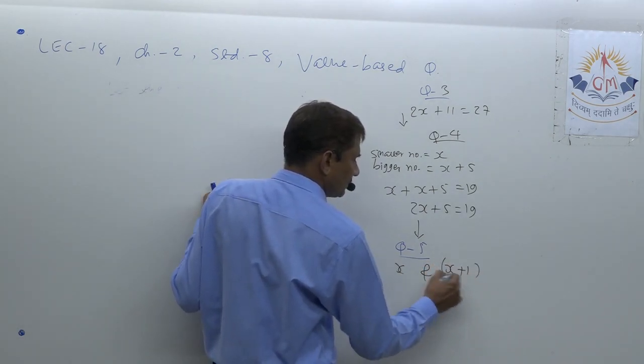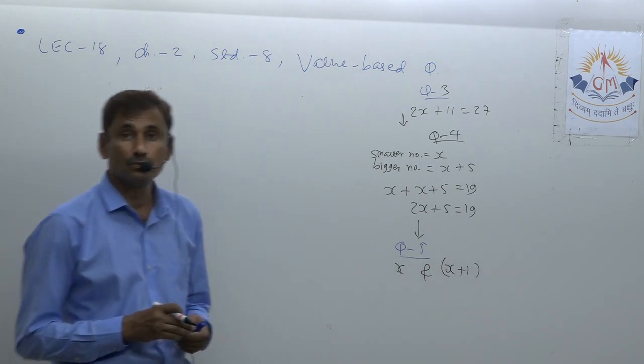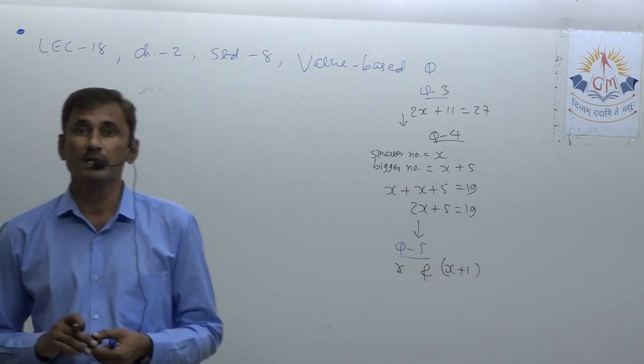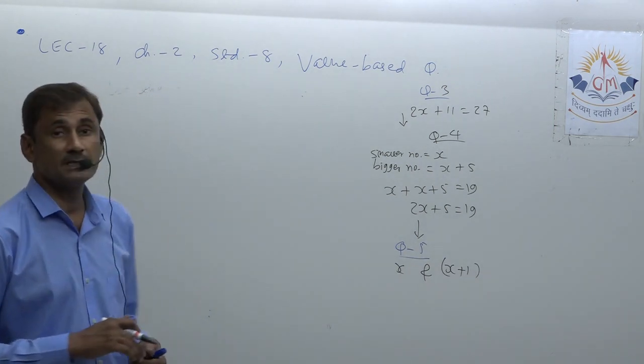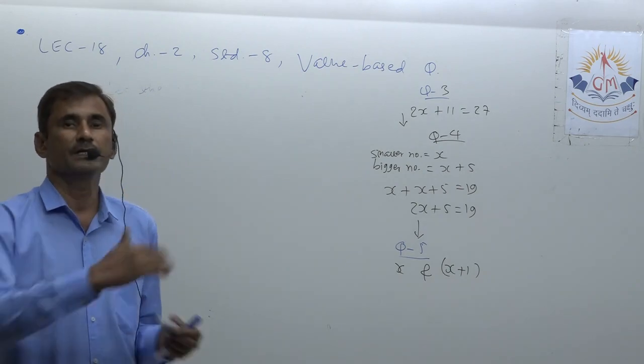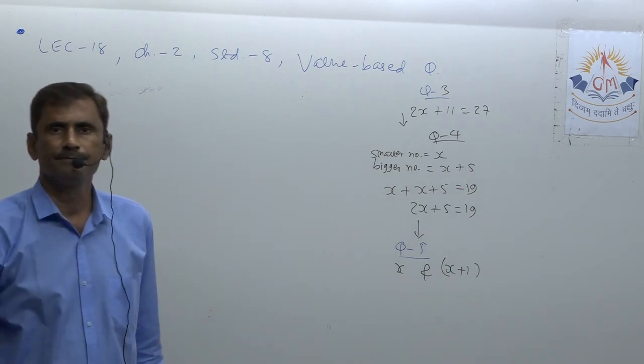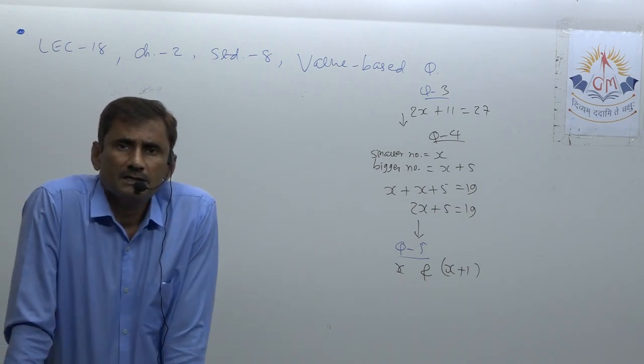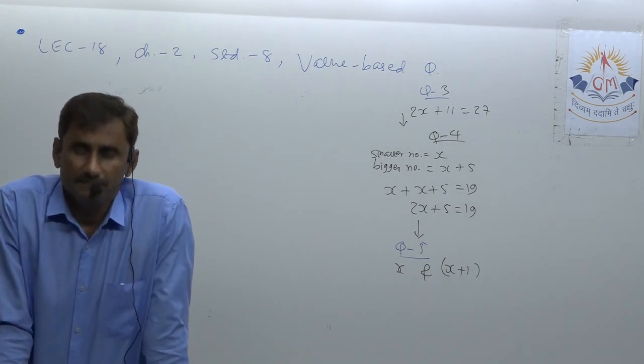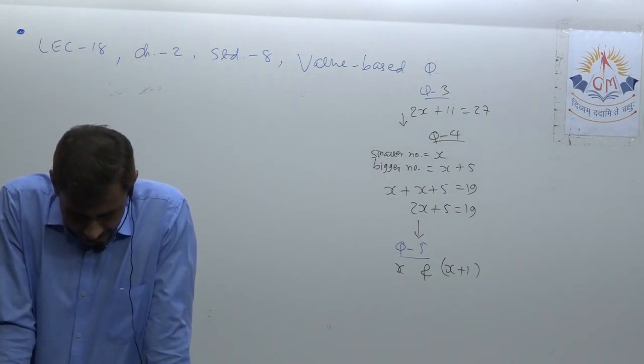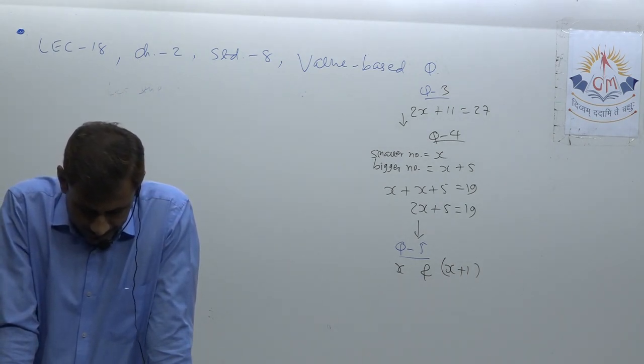So the numbers are suppose x and x plus 1. You have to write your statement. Let the two consecutive numbers be x and x plus 1. Why x plus 1? Because the next number is plus 1, just like 5, 6, 7, 8, 11, 12. Okay. Now what is given?